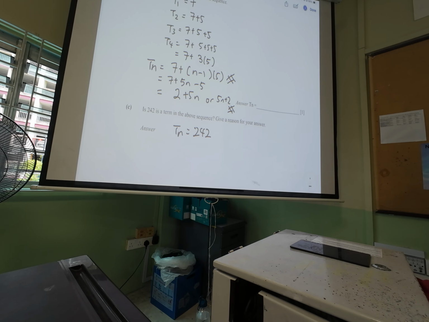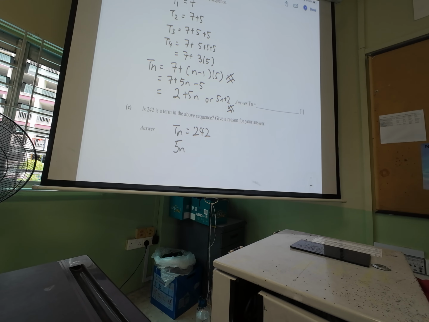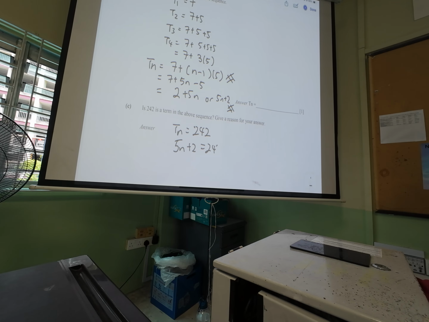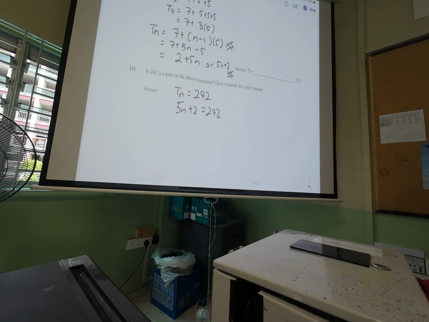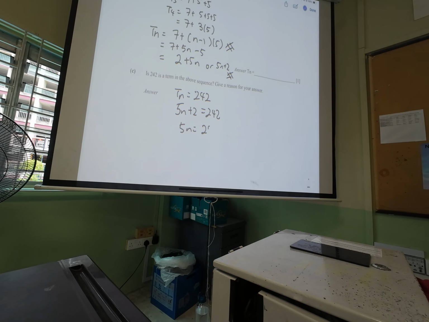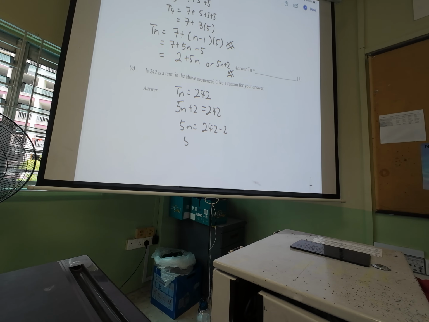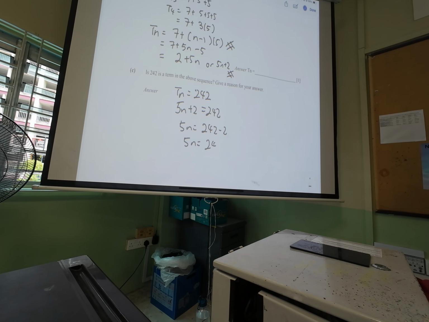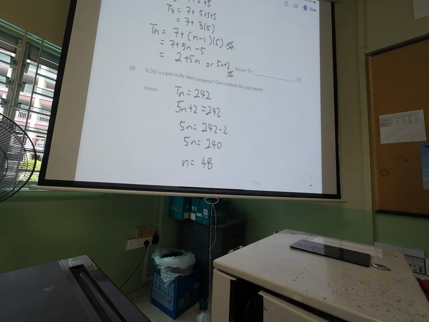So from what I have, 5n plus 2 equals to 242. Then 5n equals to 242 minus 2. 5n equals to 240. n equals to 48.